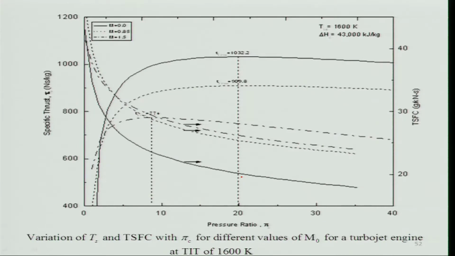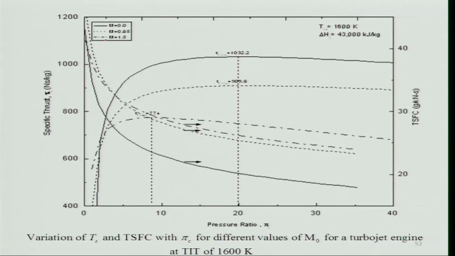When I go for the flight Mach number of 0.8, you will see that it also has a similar feature. It goes on increasing, and then of course it reaches a certain value of 20 kind of thing, where you get the maximum specific thrust.